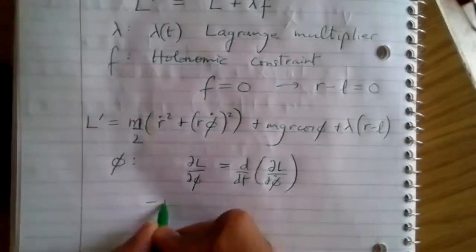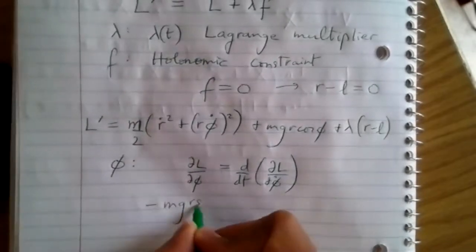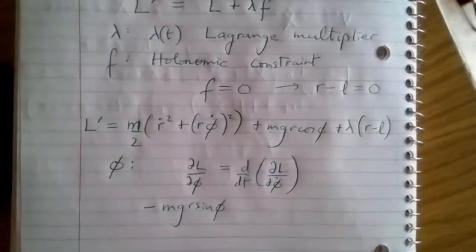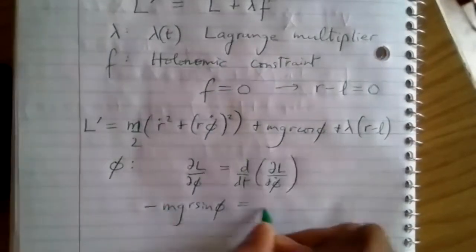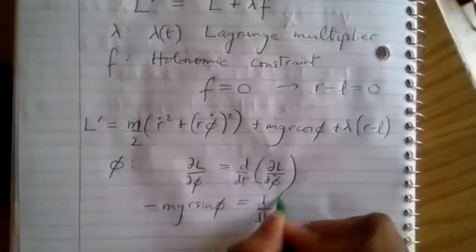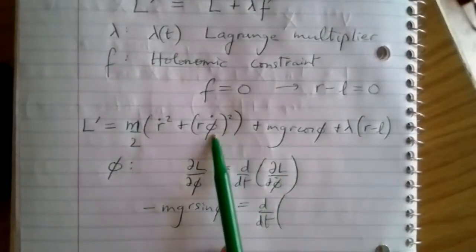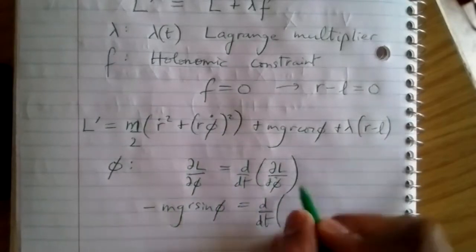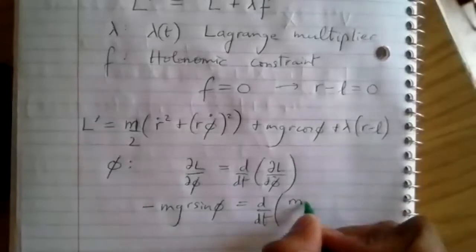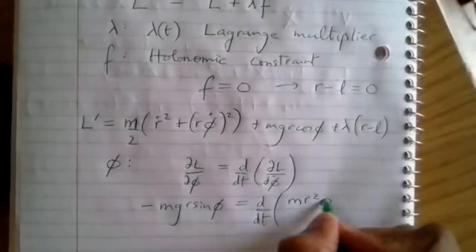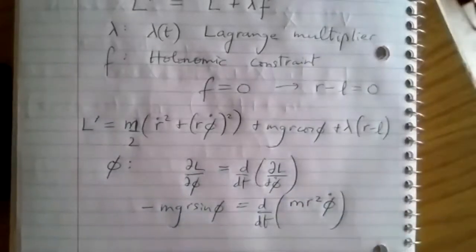So I have minus mgr sine phi. All right. And then on the right-hand side, I have d by dt of partial L partial phi dot. There's only one phi dot term. And so I have m r squared phi dot here.